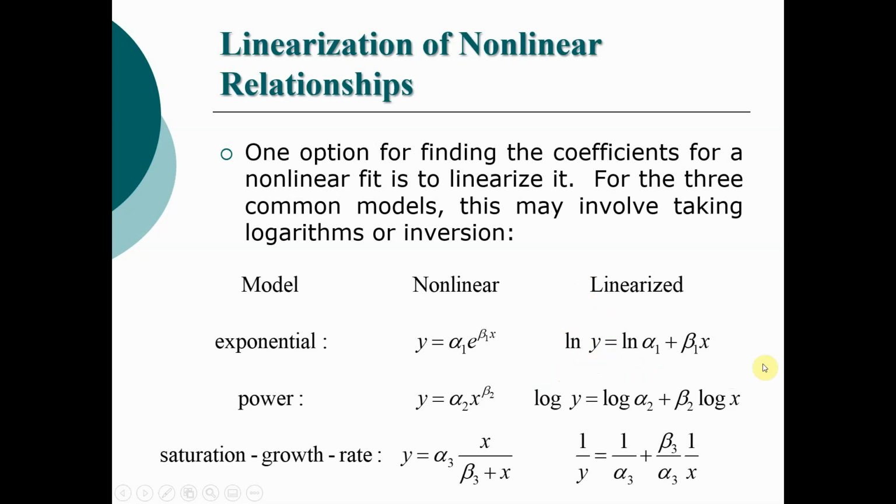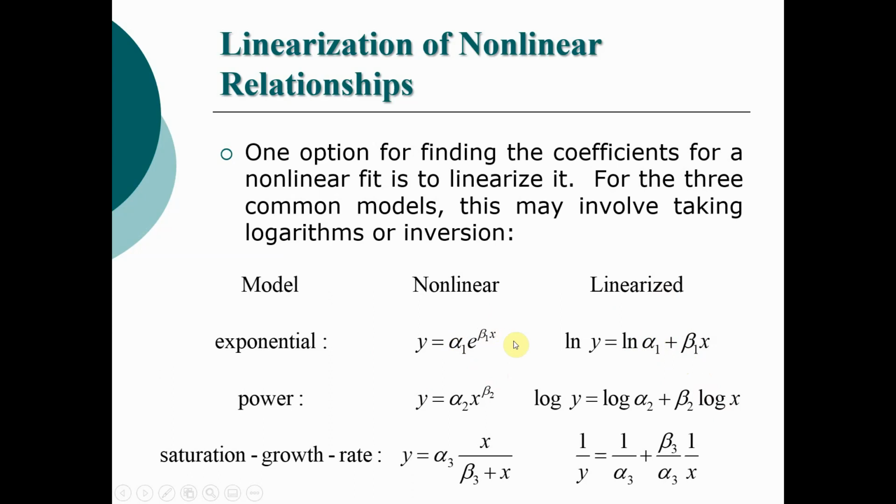Using polyfit, I can find log of alpha 1 and then beta 1, and if I have log of alpha 1, I can also calculate alpha 1. So you can find alpha 1 and beta 1.